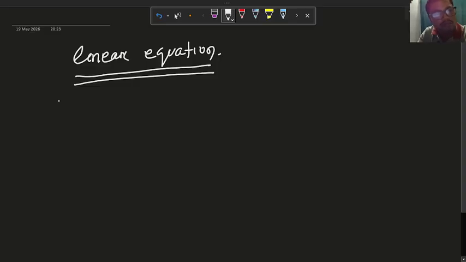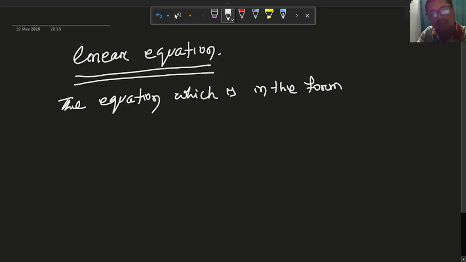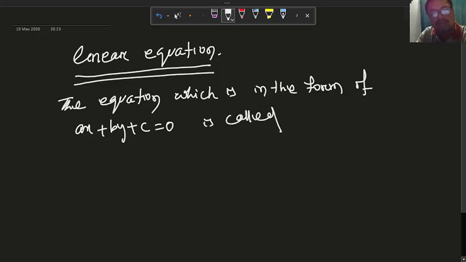The equation which is in the form of ax plus by plus c equal to 0 is called linear equation.